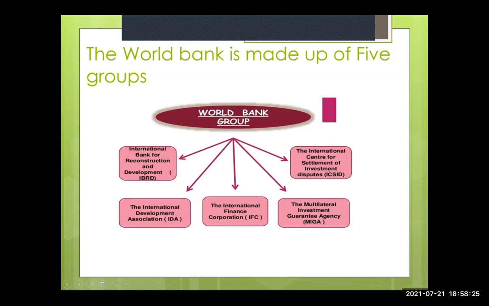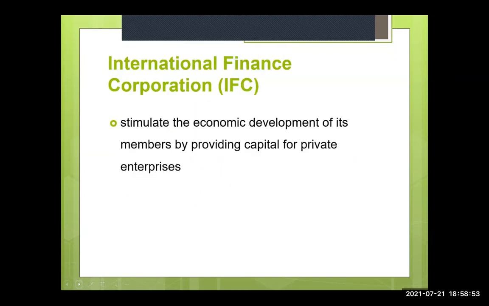The International Development Association, IDA, the International Finance Corporation, IFC, the Multilateral Investment Guarantee Agency, right? MIGA. So a lot of these organizations are not very unfamiliar to us. I know you guys must have seen 1 or 2 of these somewhere, probably in the Gleaner or on the news or somewhere of the sort.